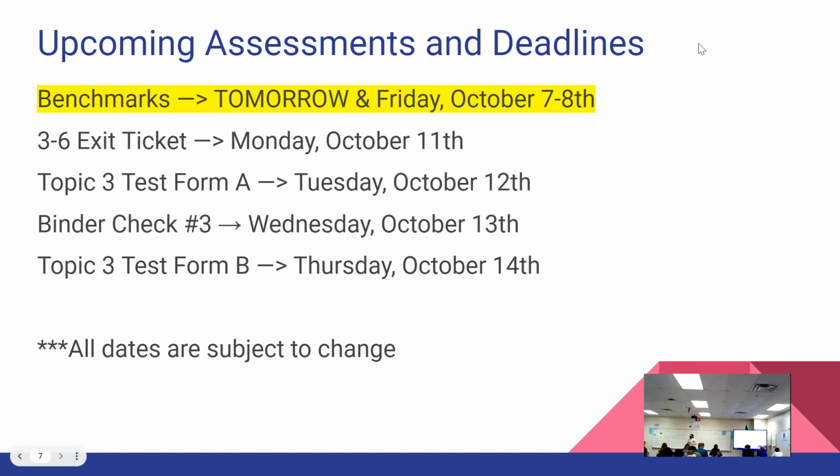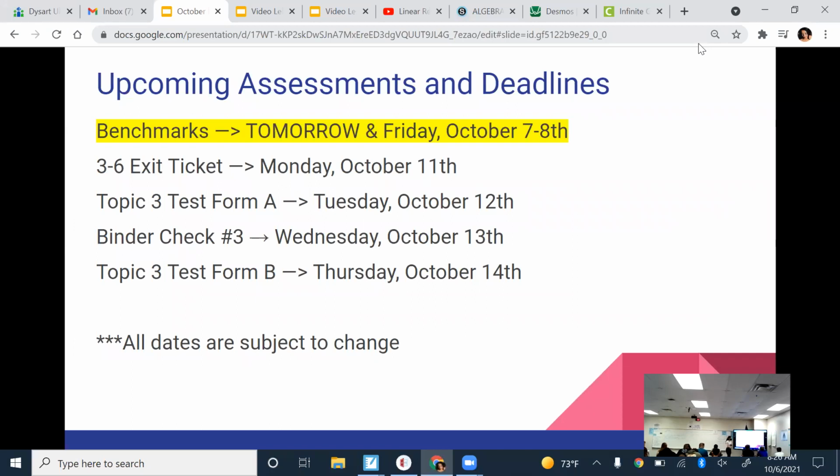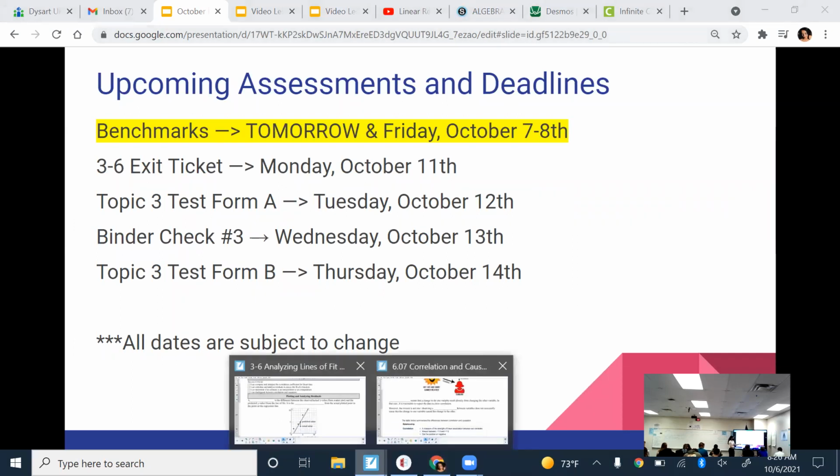So use that time, work on your study guide, ask me questions, but we're taking benchmarks tomorrow and Friday. Any questions? All right, and then I'll talk more about benchmarks and how you're scored on those tomorrow. We have 2 days, so I think I can just briefly tell you how you'll be scored tomorrow.